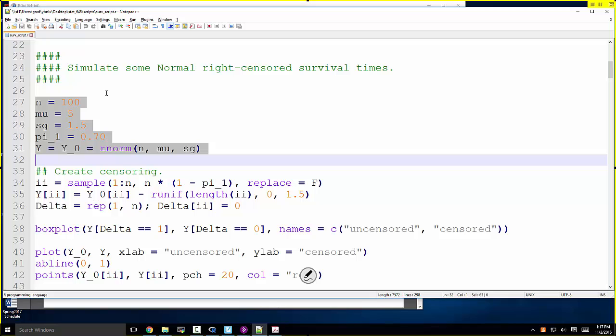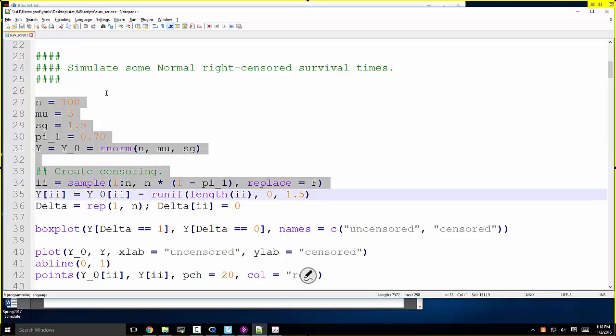Then I can simulate the actual survival times. So I'm just simulating from the normal distribution. Capital Y now is the complete data. If we observe death for every single individual in our data set, we would have capital Y. But in practice, we often have censoring, so I'm going to randomly pick 30% of my 100 people, and for each one of them, I'm going to subtract off a little bit from their death time.